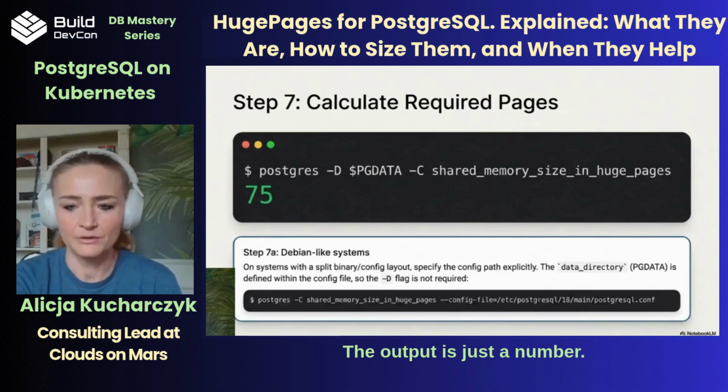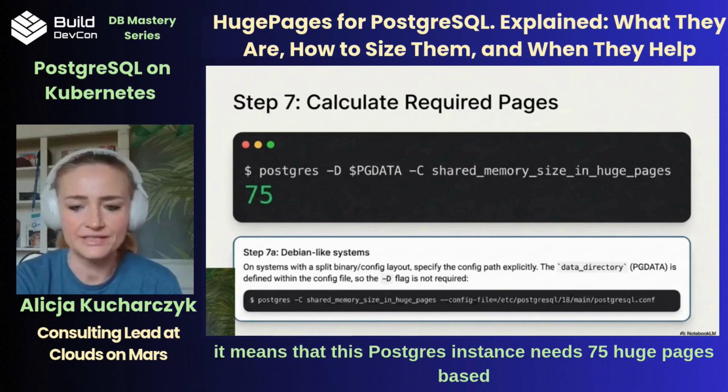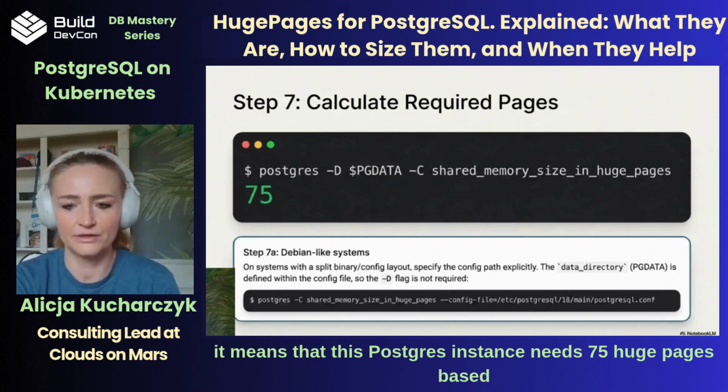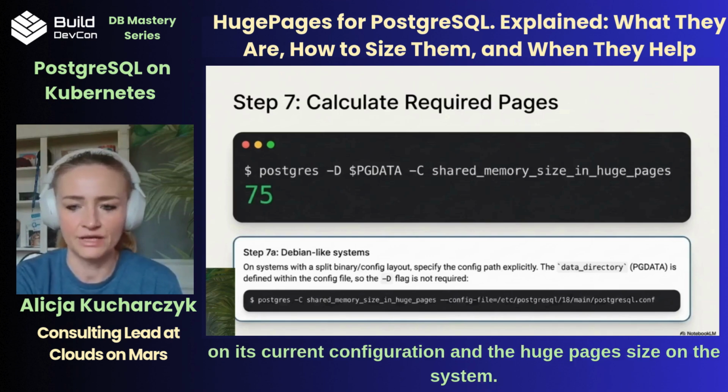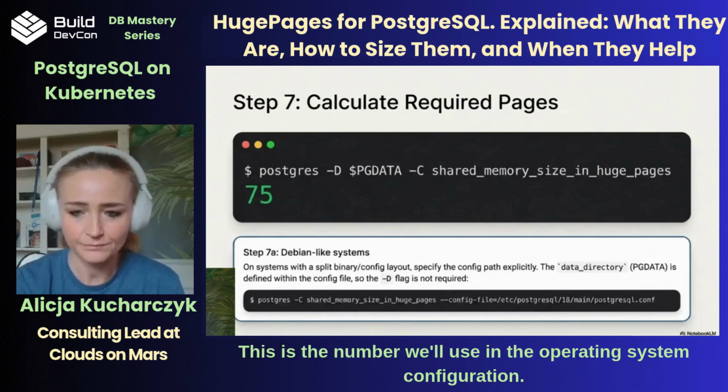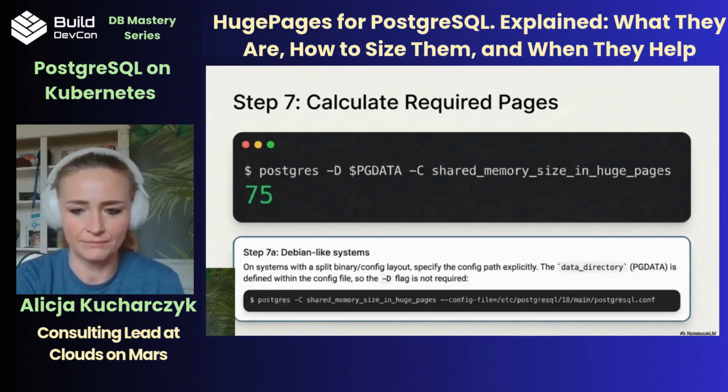The output is just a number. For example, if the output is 75, it means that this Postgres instance needs 75 HugePages based on its current configuration and the HugePages size on the system. This is the number we'll use in the operating system configuration.